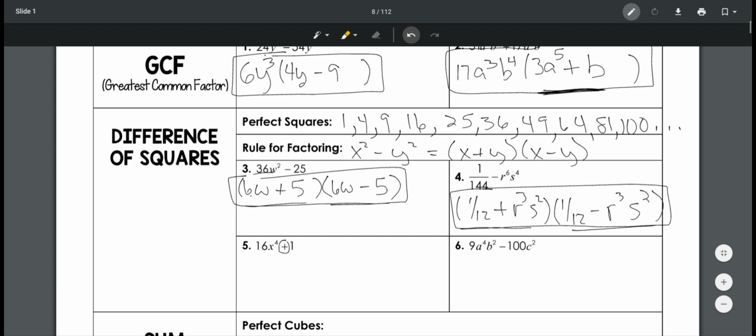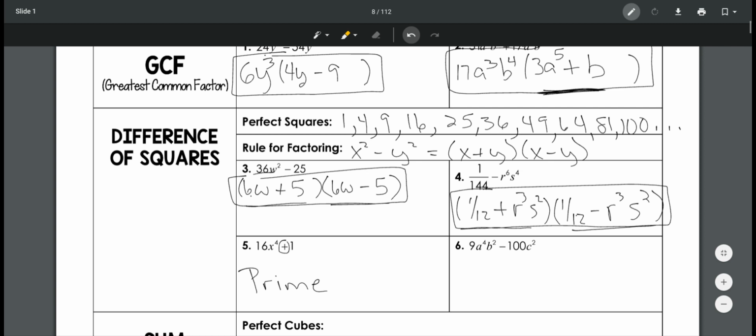But since it is a sum of squares, this is considered a prime problem because number one, we do not have a greatest common factor that we could factor out. And number two, this is a sum of squares, and I do not know how to factor that as of yet. At some point in your math career, you will learn how to factor that, but right now, it is considered prime because you cannot factor it as a difference of squares.